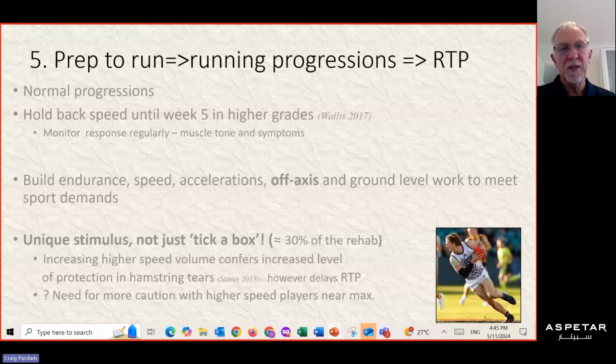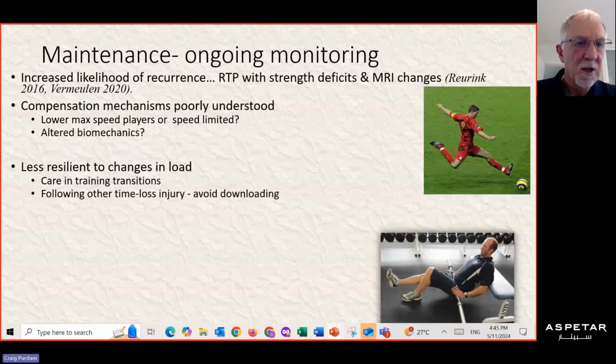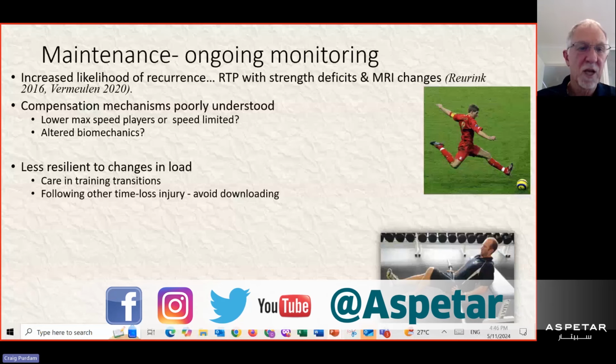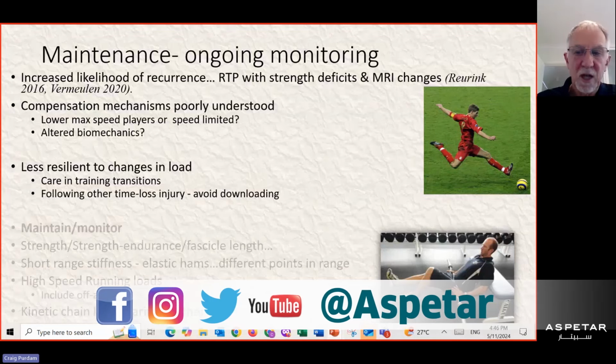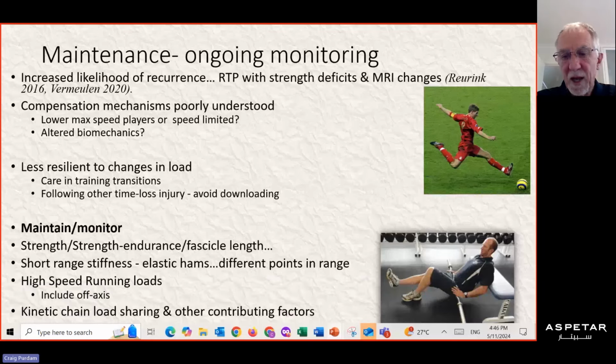And of course then at the end, there are survivors. They go back. How do they survive? Is it altered biomechanics? Do they have lower max speeds or whatever? But we do know that they're less resilient to changes in load, changes in surface, changes in training transitions. So we need to stay on top of all the things that I've got there.